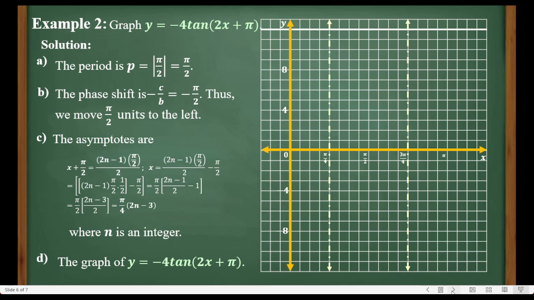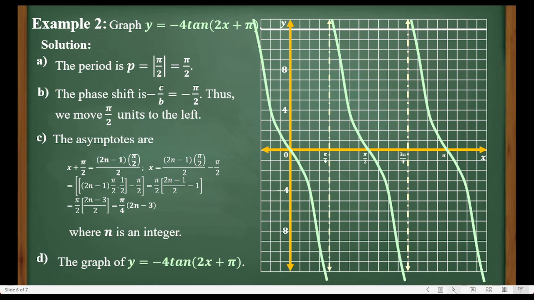Then we draw some vertical broken lines which serve as our asymptotes. Then we draw the graph like this. So there you are. Now this is the graph of the tangent function whose equation is y equals negative 4 tangent of quantity 2x plus pi.